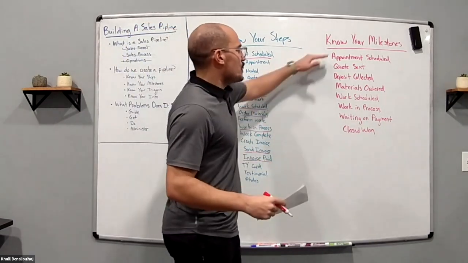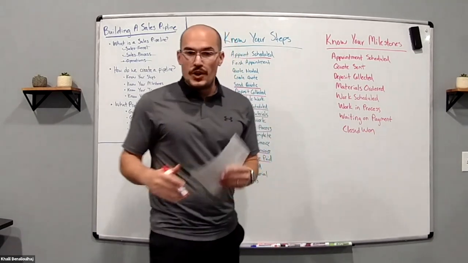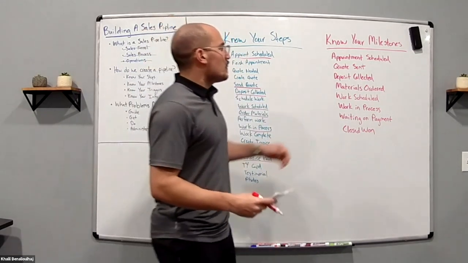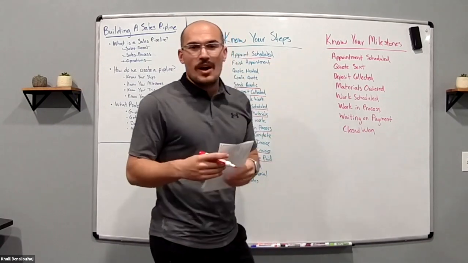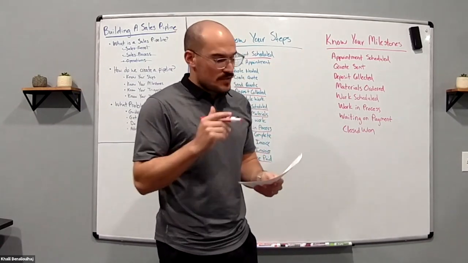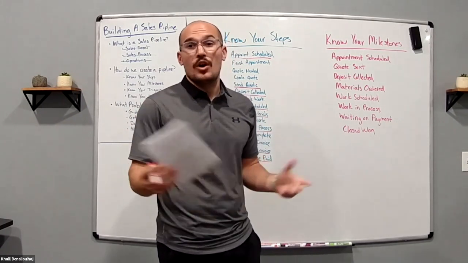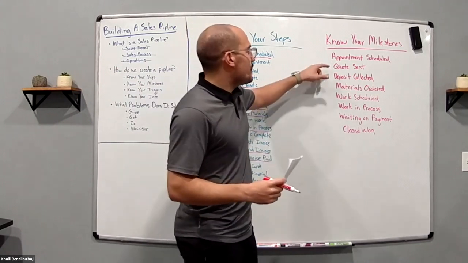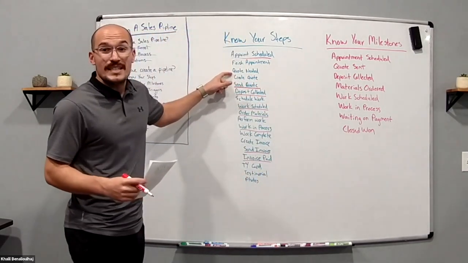So the reasons why I've chosen these are specific to the business that I'm working in, and yours are going to be specific to you, right? So for me, I have a really great online quote system that is just 5 clicks after the appointment. I can put everything in and a quote is sent to the homeowner, right? If I've got that, I don't really need a quote needed stage.